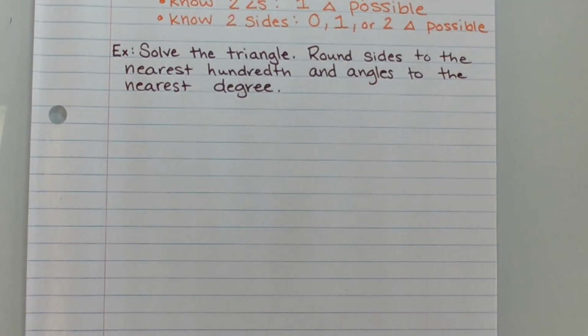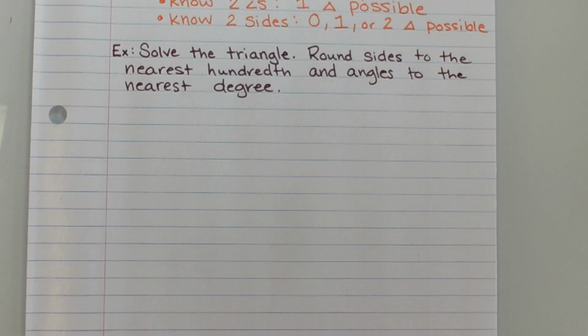Now, I mentioned this before lunch. When it says solve a triangle, what are you actually solving for? All of the missing sides, all of the missing angles. Now, today we're just going to be focusing on the law of sines version where I'm starting off giving you 2 angles.